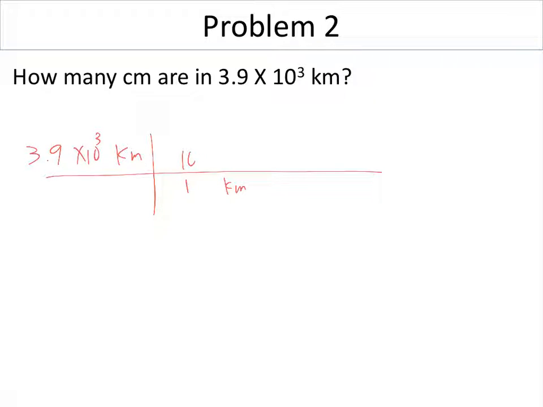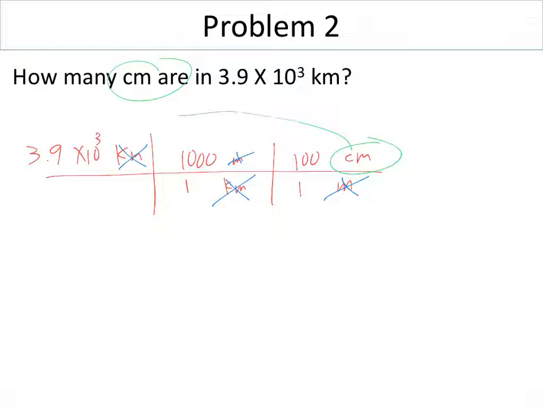I know that 1 kilometer is 1,000 meters, so that cancels kilometers. And I know that 1 meter is 100 centimeters, so that cancels meters. And that leaves centimeters, which is what the question is asking for. So each step along the way, I did a conversion, and I canceled the units.